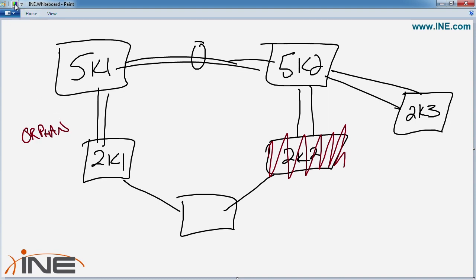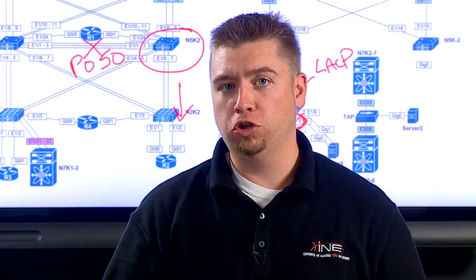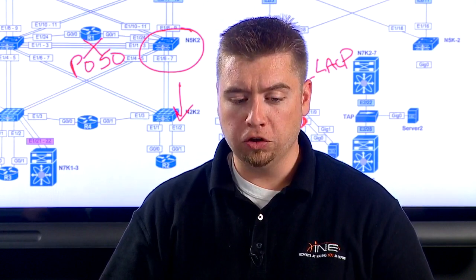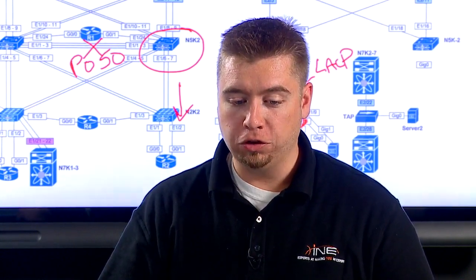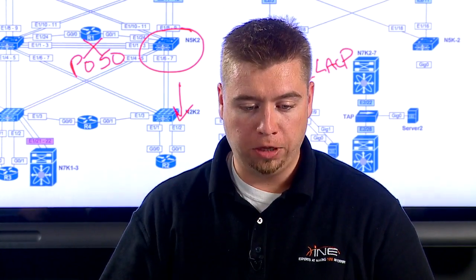That's okay though, because now to reach it, you can go over the peer link and down. So in that failure situation where what used to be a VPC member port becomes an orphan, that's when you use the peer link as kind of your last-ditch effort in the data plane. Normally the peer link is going to be used just in the control plane, but in certain of these failure situations, it can be used in the data plane.